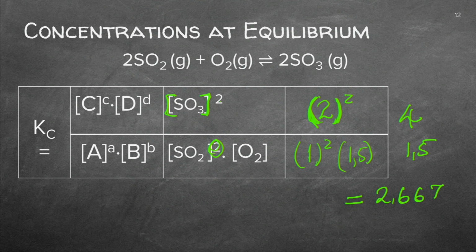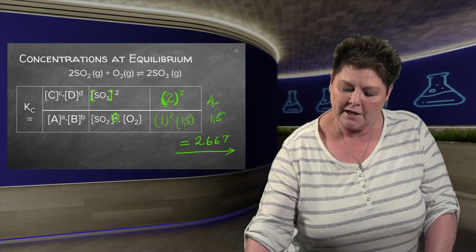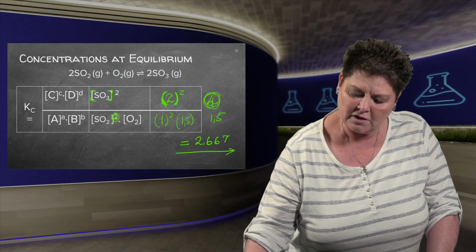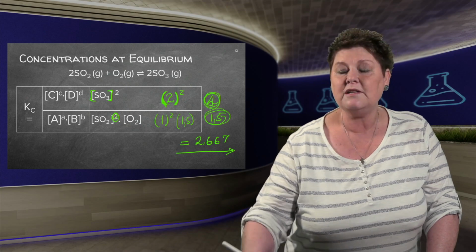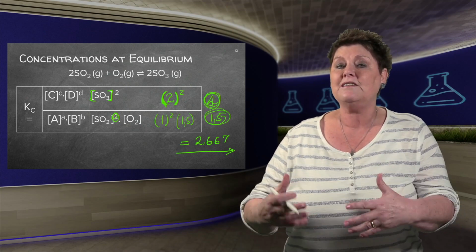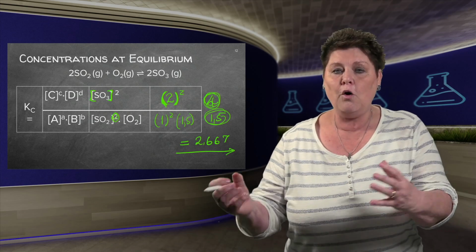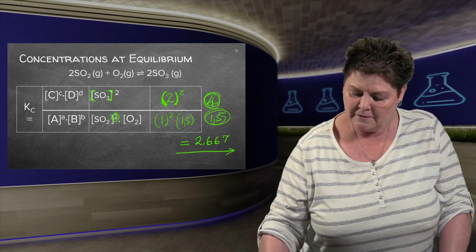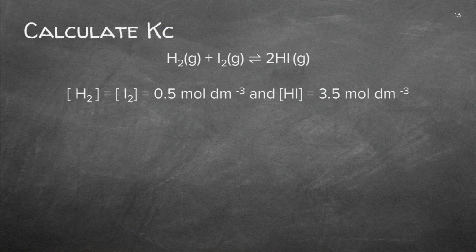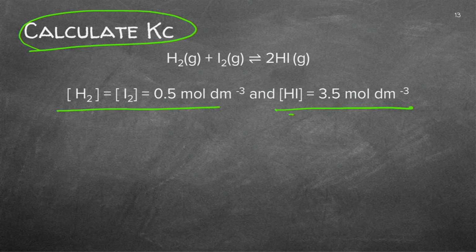And remember, there's no unit for Kc. It's just a relation. And you can see there's lots of product in terms of reactants. So it's the forward reaction that's taking place more than the reverse reaction. Let's go to another calculation. They are telling me calculate the Kc if at equilibrium you've got those concentrations.